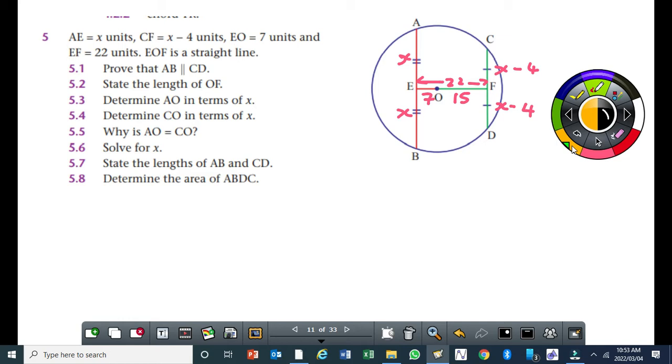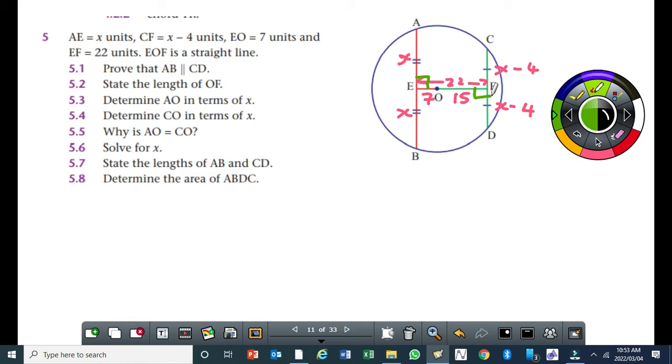There is more than one way, but I'm just going to do it the easier way. We are going to determine that this angle here is 90 and that angle is 90. Then they are alternate angles, and we know that if angles are alternate, they are equal. Therefore, we have two lines that are parallel. That's how I'm going to do it.